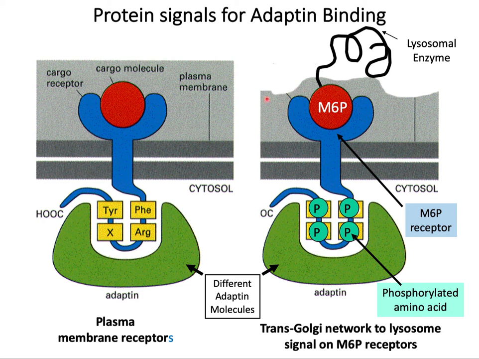It is the mannose 6-phosphate receptor in the trans-Golgi network that mediates that. The specific adaptins that form coats at the trans-Golgi network don't bind to that receptor sequence, but bind to a specific sequence of a phosphorylated amino acid, shown here as Ps. As it turns out, the mannose 6-phosphate receptor has a number of amino acids that can be phosphorylated. So the adaptin that is found in the clathrin-coated coats of the trans-Golgi network will bind specifically to the mannose 6-phosphate receptor.